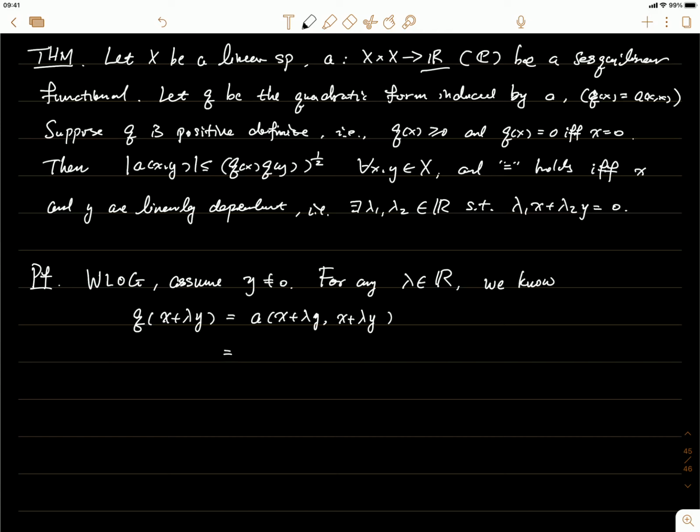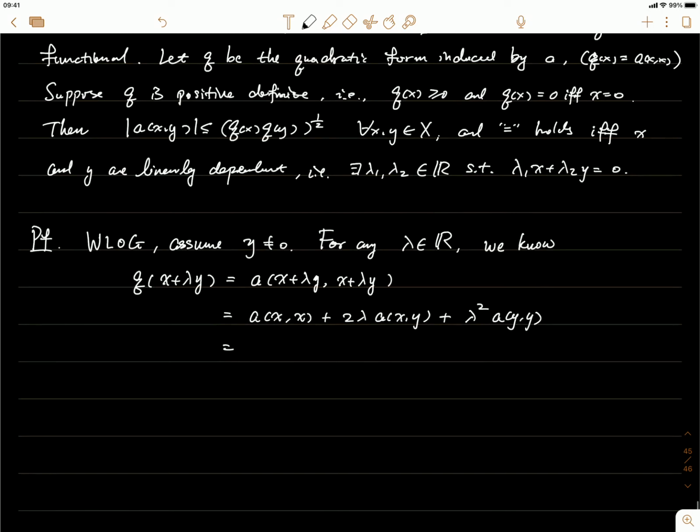And this, by definition, we can just expand. We have A(x,x) plus 2 lambda A(x,y) plus lambda squared A(y,y).